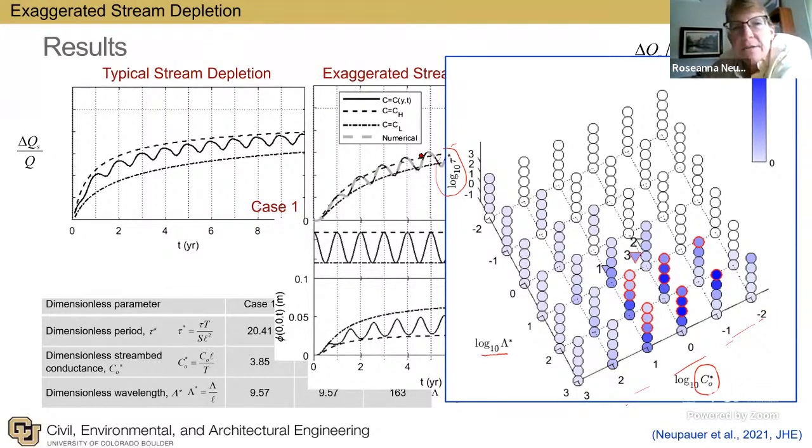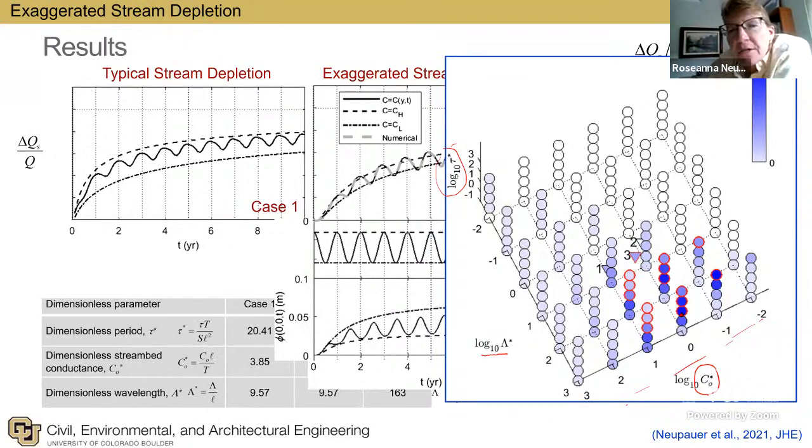What this is showing is the difference. It's the amount of stream depletion above what you would get if you had just used the hydraulic conductivity of the stream bed at its highest value.